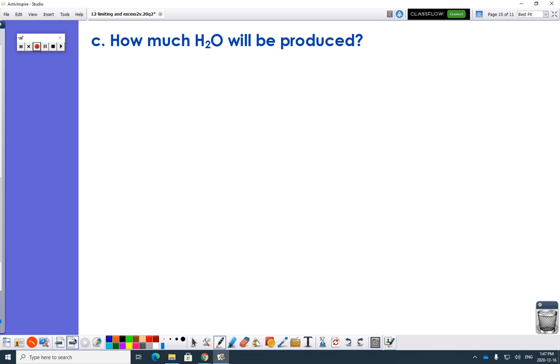Okay, so then we're going to do the same thing for water. So again, usually you're only going to have to do one of the products, but we can do both, okay? So how much water? Its coefficient is 2.